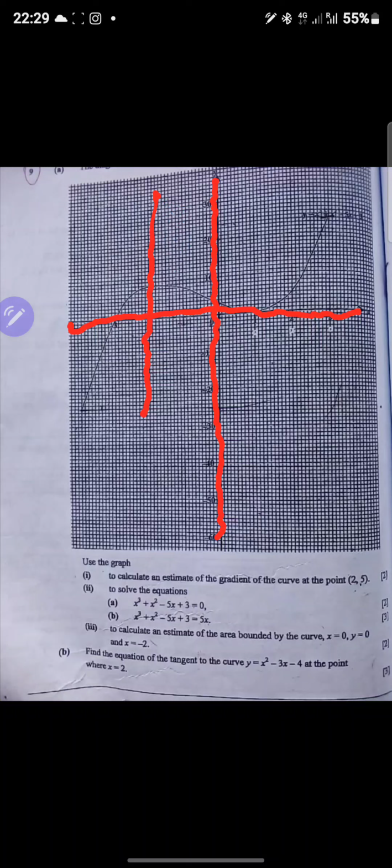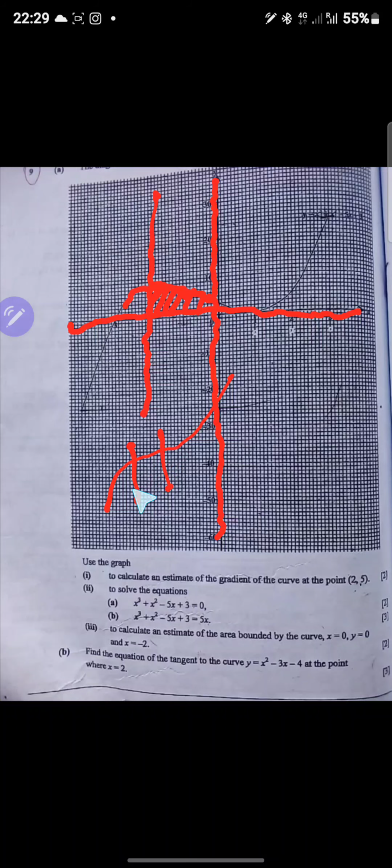So now you realize that the area that is needed is this area here, this area here. So it's bounded by this. The curve is the one which is giving you the demarcation, this curve here.